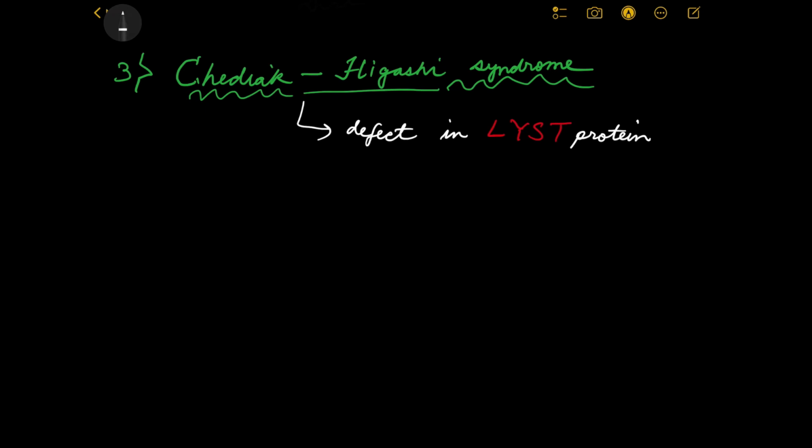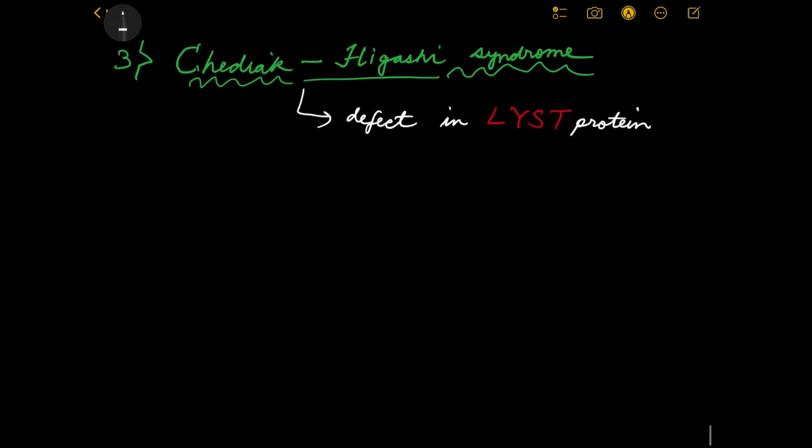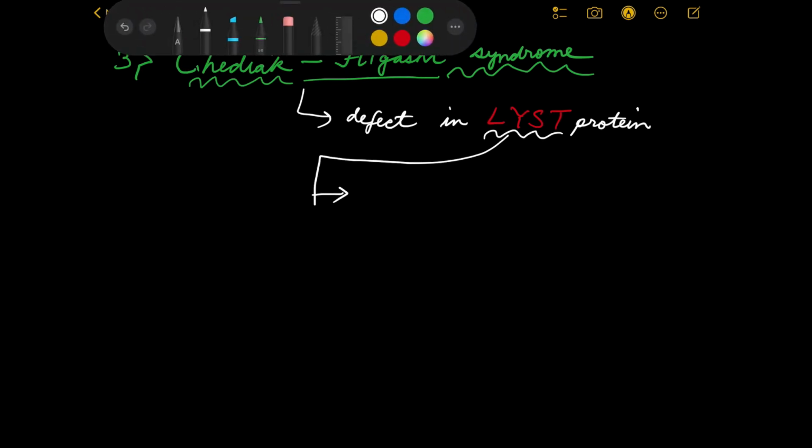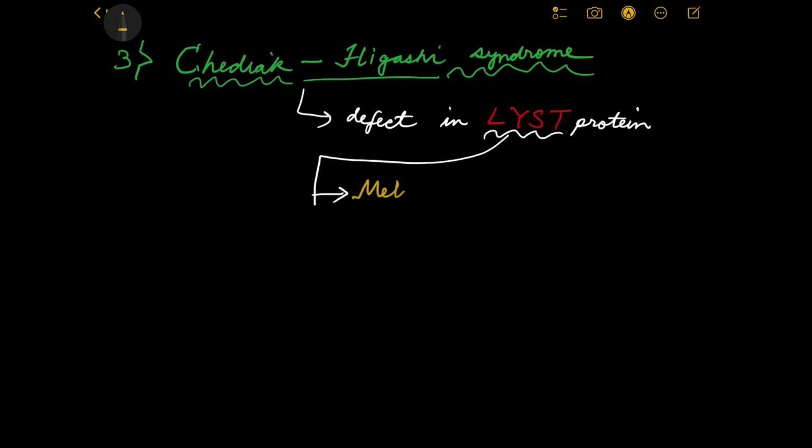But that's not all. You see, LYST protein has been found to be very important not only for the inflammation process, it is also very much needed in some other cells as well. For example, it is very much needed in melanocytes. Let's first draw these.